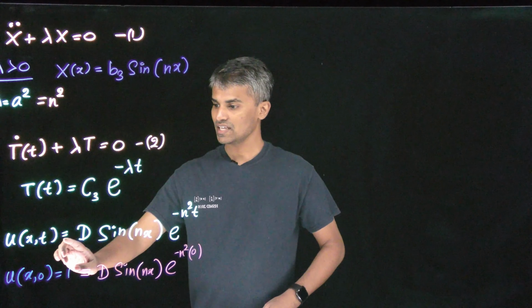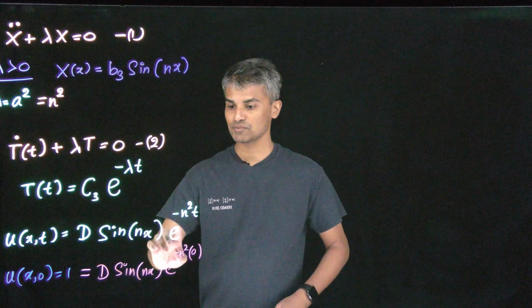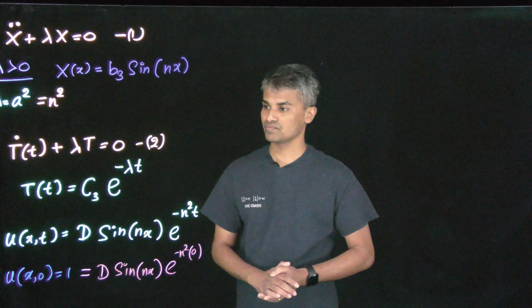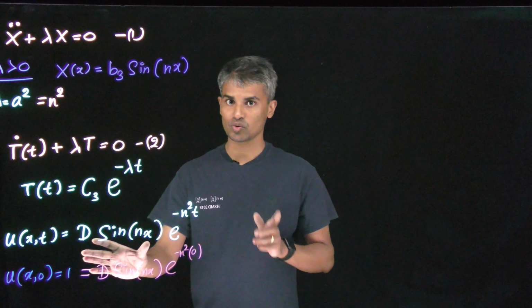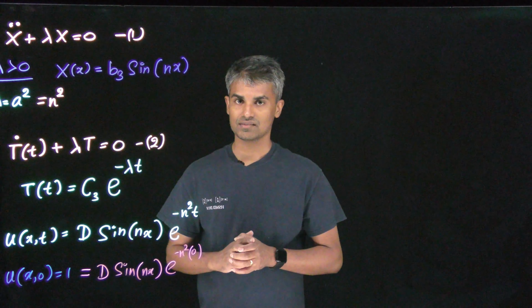Okay, but let us think about this one. Here we have d times sine of nx times e to the negative n squared t. So what does this mean? This means for each n value I have a solution that satisfies the boundary condition.